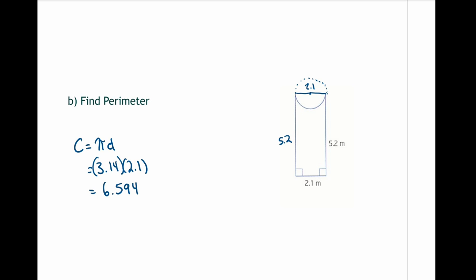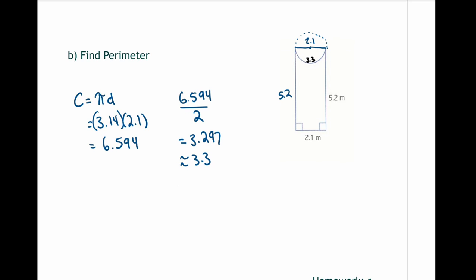But to find that distance, I need to divide it by 2. So 6.594 divided by 2 is 3.297, or we'll say 3.3. So the length of this curve is 3.3.